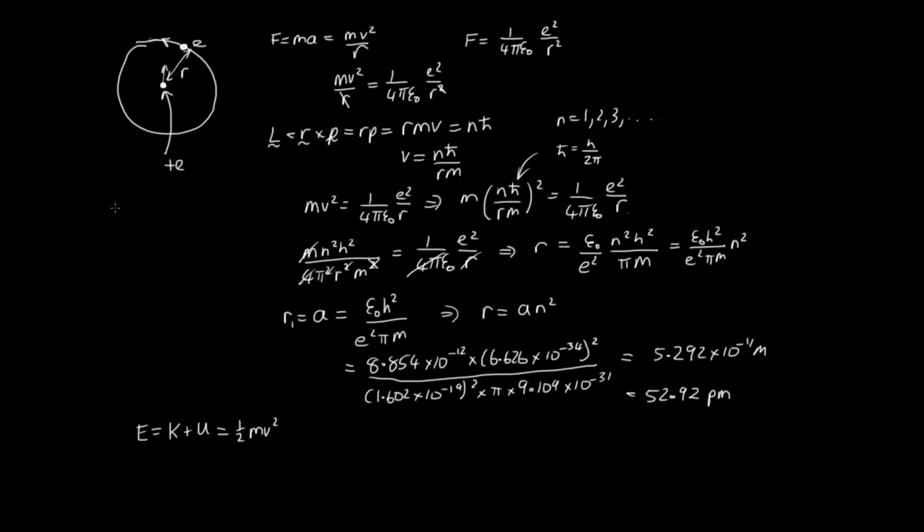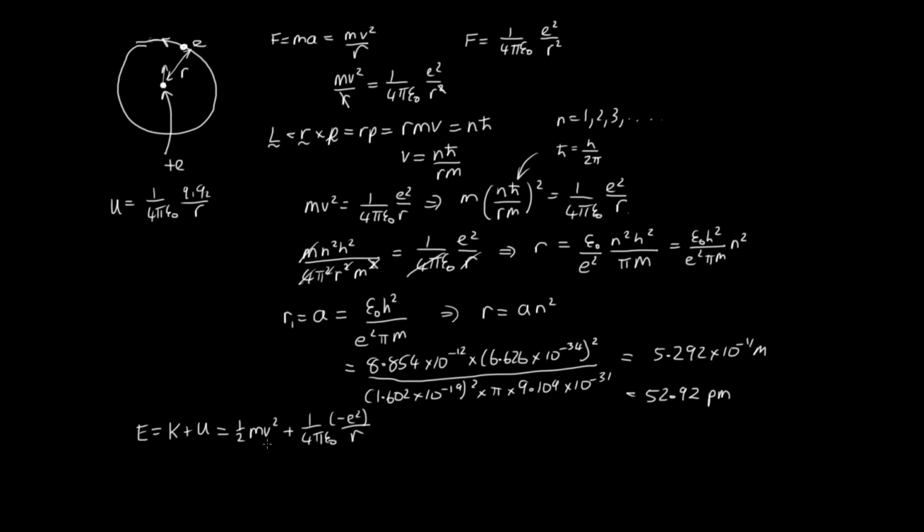You learnt in electrostatics that the potential U is equal to 1 over 4 pi epsilon naught times Q1 Q2 on r. So we've got plus 1 over 4 pi epsilon naught, and in this case these charges are equal and opposite, so we end up with minus e squared over r.